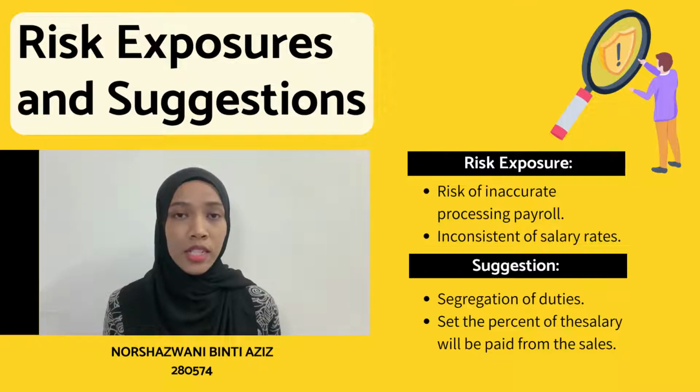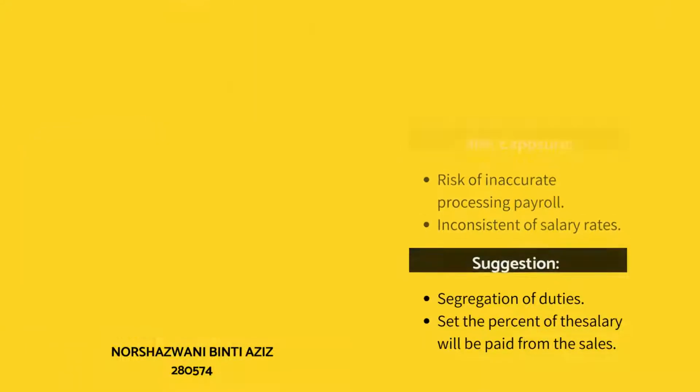The supervision of payroll processing needs to be segregated, such as separating asset custody, paycheck, record keeping function, payroll record and approving the payment. To ensure the salary payment is consistent, Restoran Kasih Anak Mama Nasi Campur has to set the percentage of the sales that will be paid to the workers as salary.